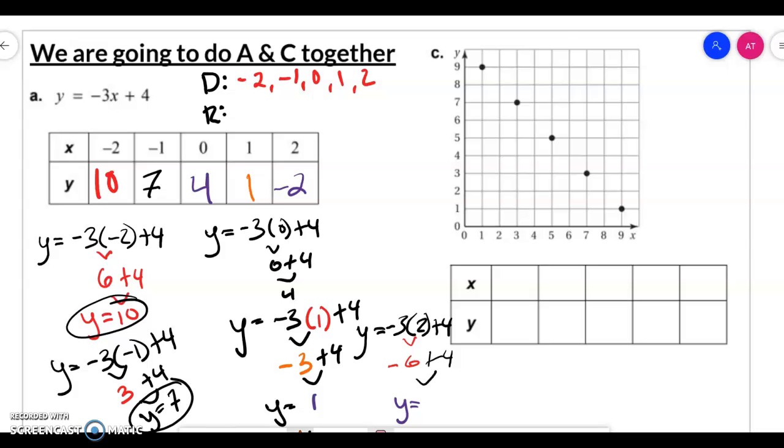For my Y values, I'm actually going to put them in order, so I have -2, 1, 4, 7, and 10. You can also leave it as that, or if you want to match them up and just write them as is, that's totally fine too. You can write 10, 7, 4, 1, -2.